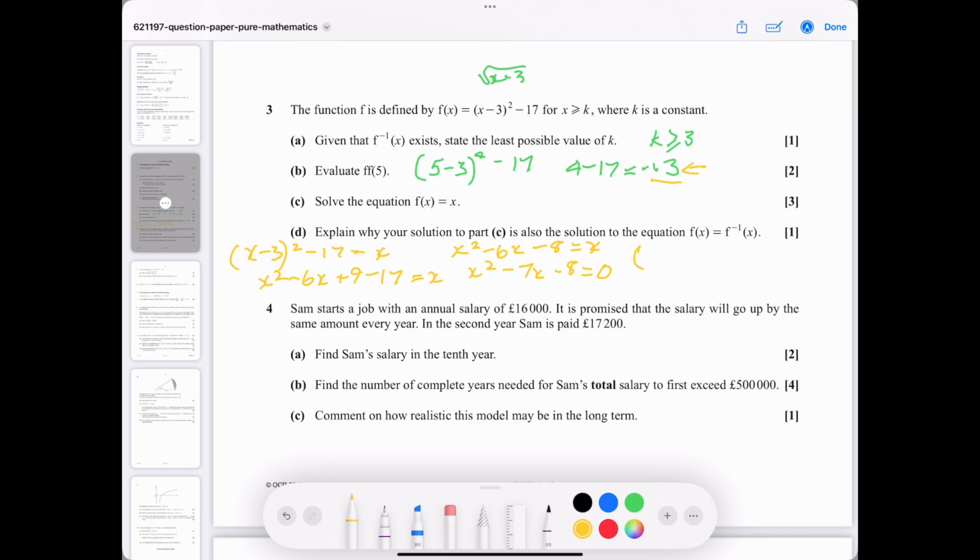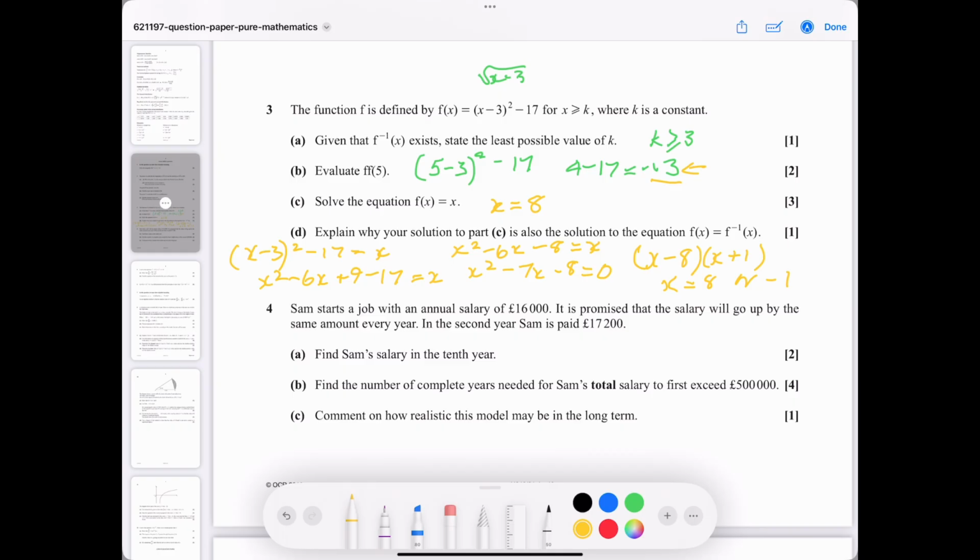I think it's going to be x minus 8 and x plus 1. So that means that x equals 8 or negative 1, and in this case we're just allowed to make it 8 because we're still working in the same confines, so x equals 8.